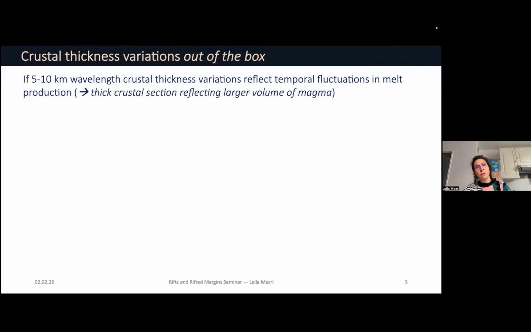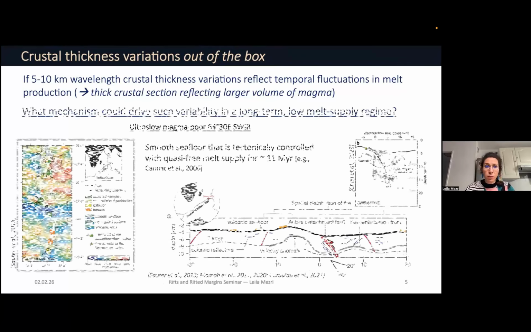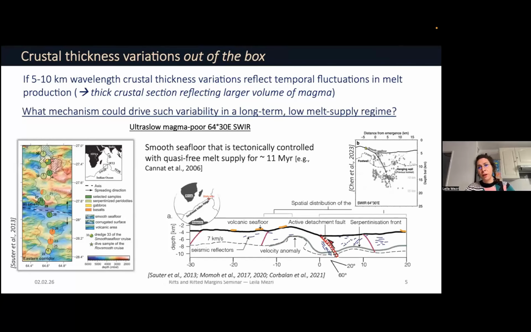But if the 5 to 10 kilometer wavelength crustal thickness variations reflect temporal fluctuations in melt production, with thick crustal sections reflecting a larger volume of magma, we can ask what mechanism could drive such variability in a long-term low melt supply regime, which is documented in the well-studied ultra-slow, magma-poor eastern corridor of the Southwest Indian Ridge.